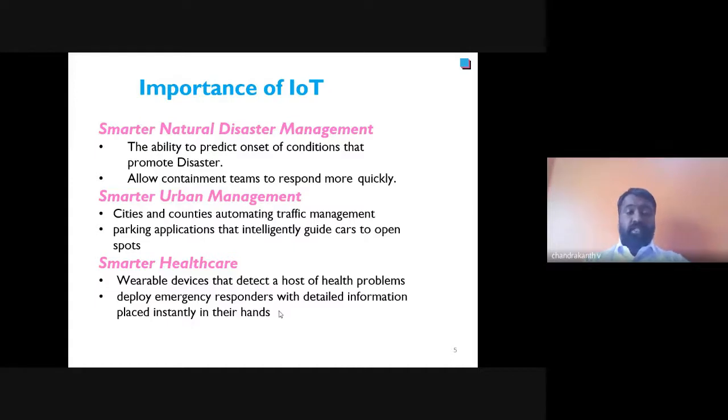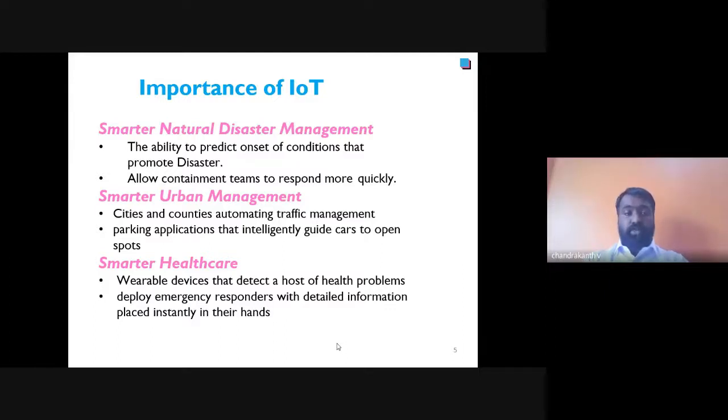Why is this necessary? Because it's not always that you'll be able to go to a doctor and consult, and you might be at a place where medical facility is not accessible.